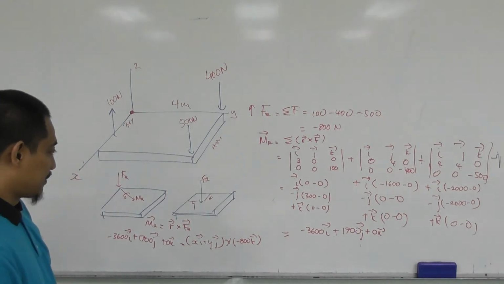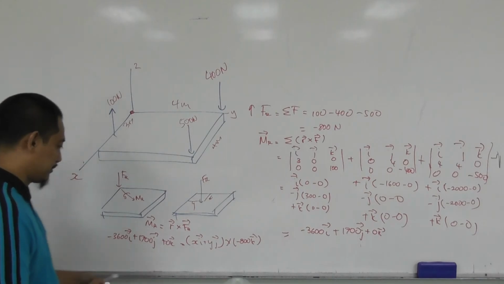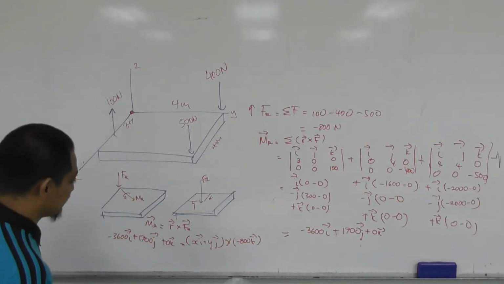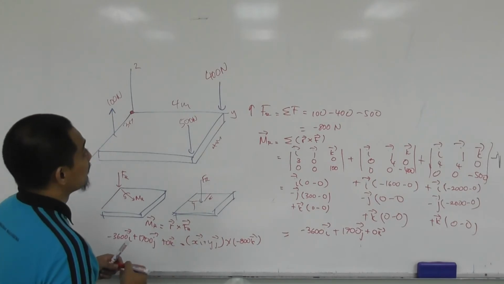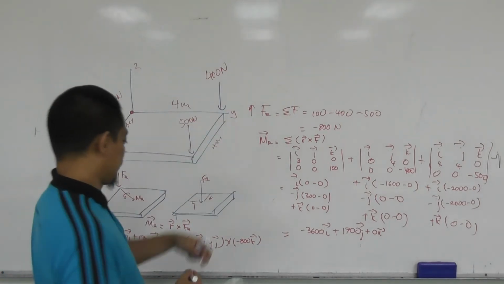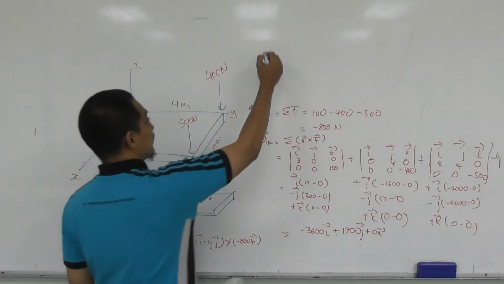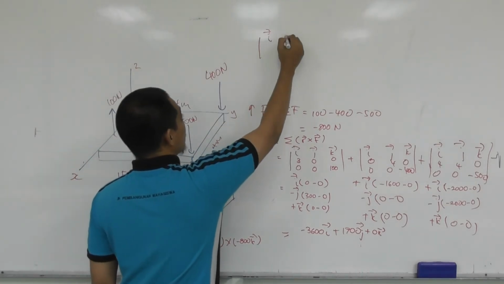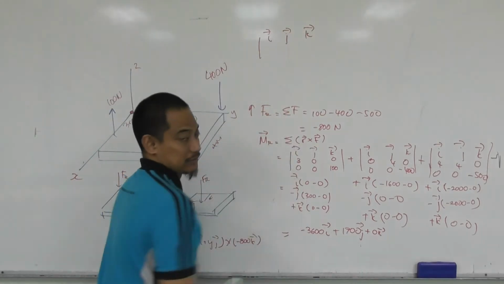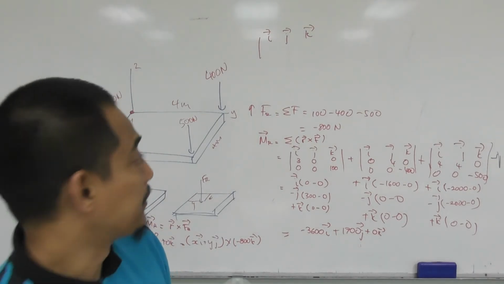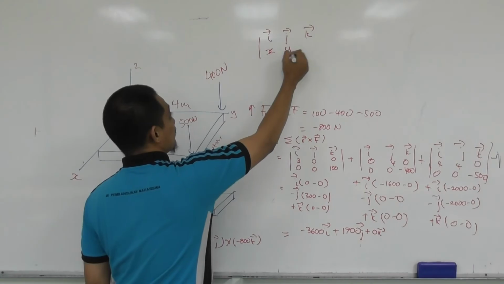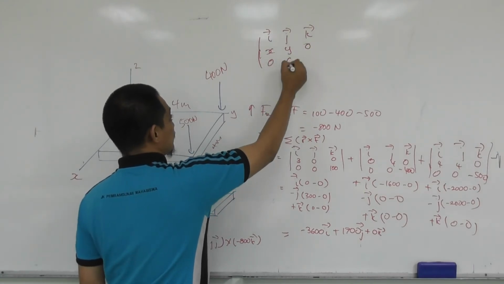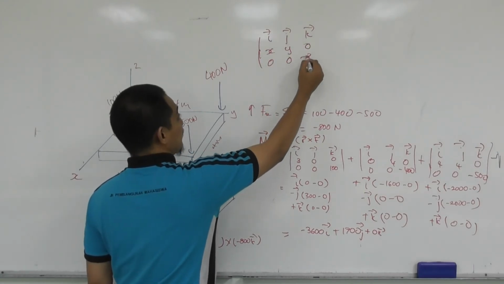So if you do the cross product, let me bring it here, you'll get i, j, k; x, y, 0; 0, 0, minus 800.